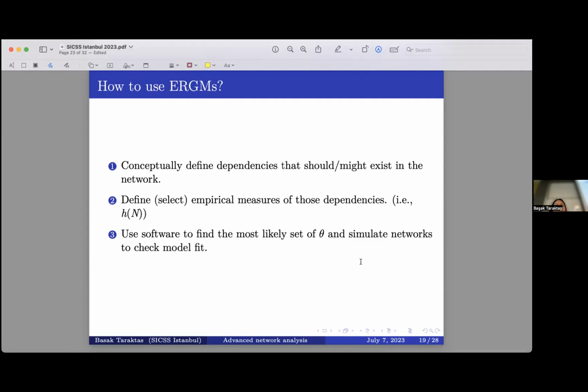So we want to define what edges are and what kind of interdependencies or dependencies we will have, like transitivity or reciprocity. So if I send a tie to someone, will I be able to receive the tie back? Imagine this as a trade network. So I don't know, I sell socks to Iran, some Iranian company.